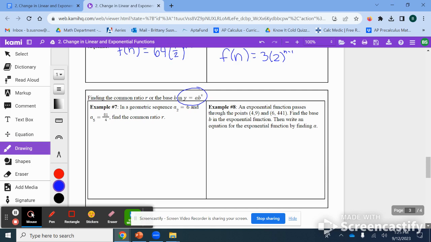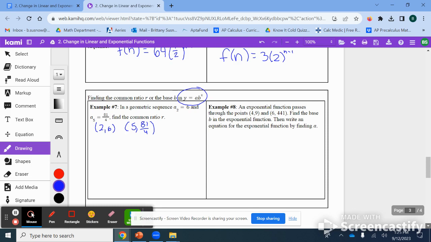All right. So let's use this y equals ab to the x formula and think of it like this, the points again. 2, 6, and 5, 81 over 4. Let's plug it into this formula, y equals ab to the x. Now, we know y, we know x. We don't know a and b.